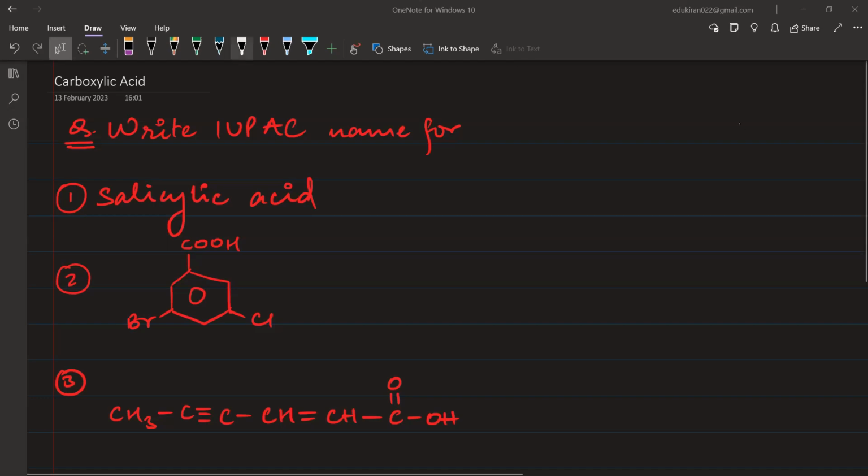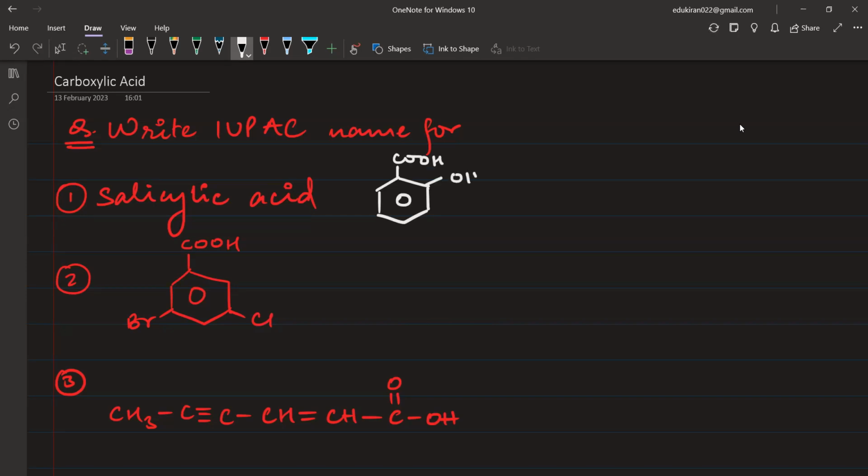Okay. So those who don't remember salicylic acid, this is salicylic acid, carboxylic acid, and OH in the ortho position. So obviously this part is benzoic acid, and then this is 2-hydroxy.